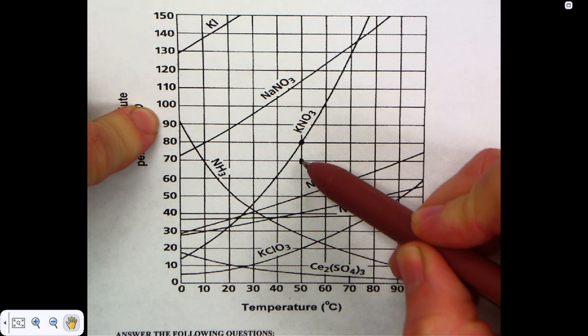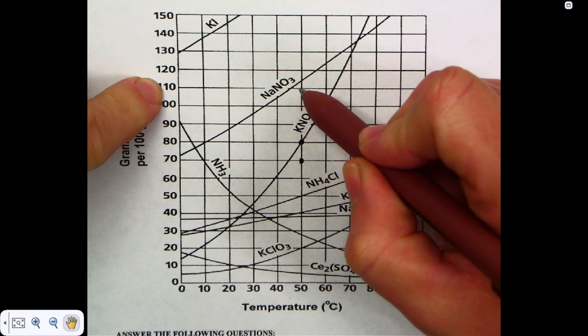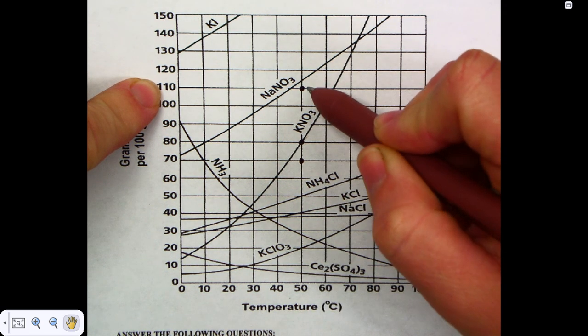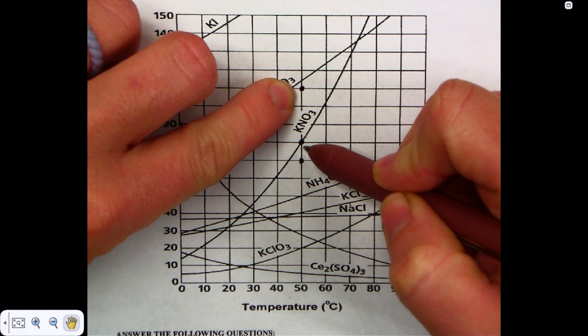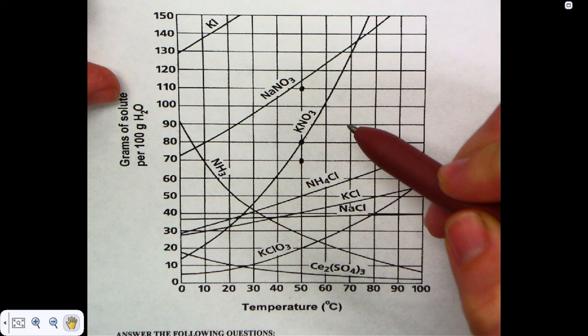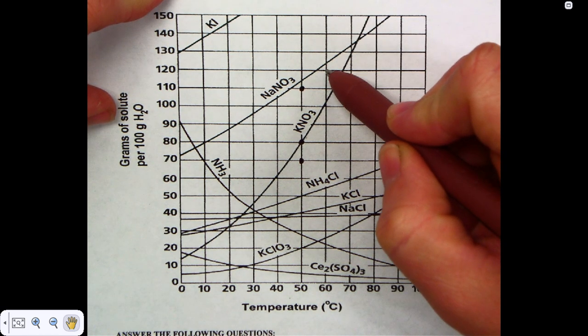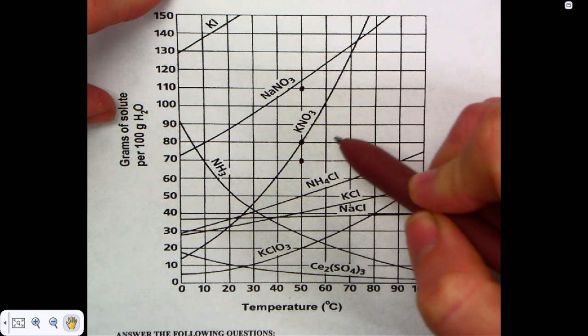So I would call that an unsaturated solution. Conversely, if I said I had 110 grams of KNO3 at 50 degrees Celsius, notice how my data point is significantly above my line. This would be a supersaturated solution. So if you're on the line, saturated. If you're above the line, supersaturated. If you're below the line, you're unsaturated.